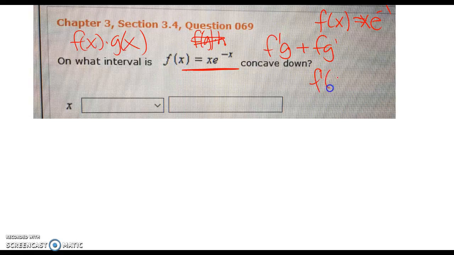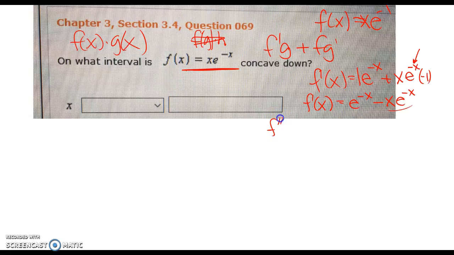So the first derivative: the derivative of x is 1 times e^(-x), plus x times the derivative of e^(-x), which is e^(-x) times the derivative of the exponent, which is negative 1. So f prime of x is e^(-x) minus x e^(-x), right?